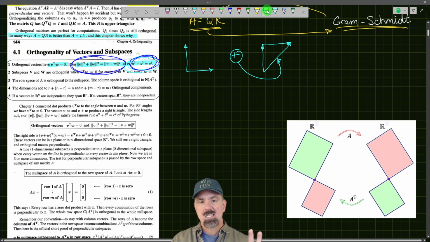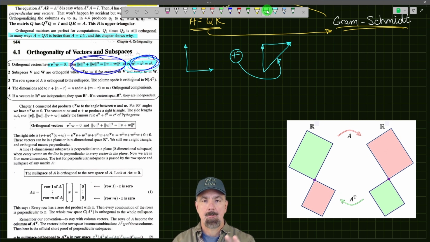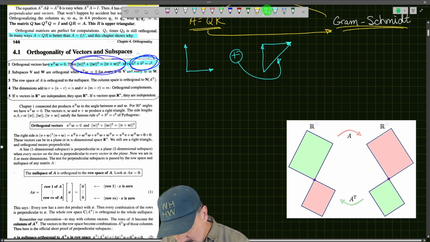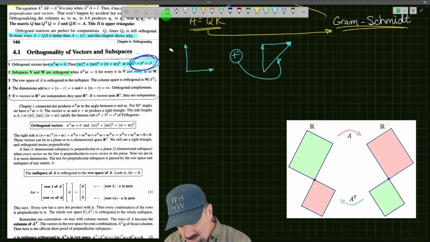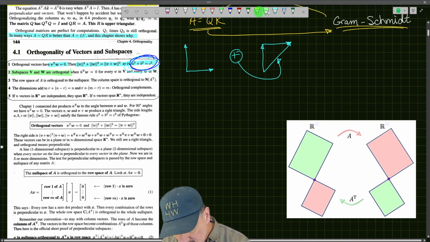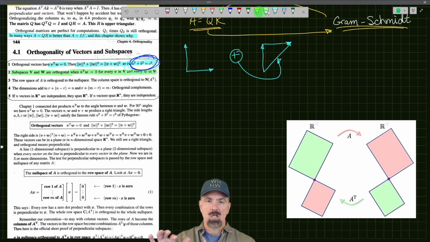So the piece that I do want to briefly talk about while we're in the introductory part here is that subspaces can be orthogonal. Subspaces are orthogonal when all of the vectors in each subspace are orthogonal to all the vectors in the other subspace.